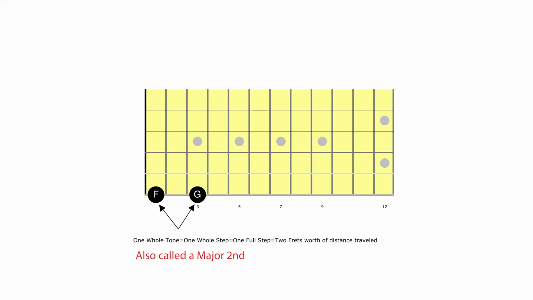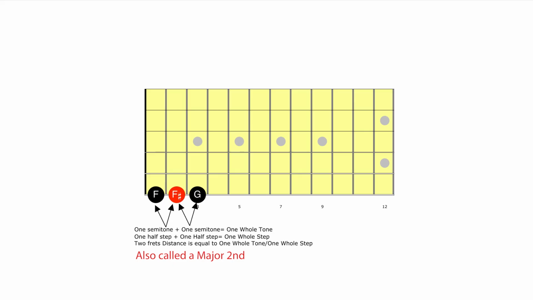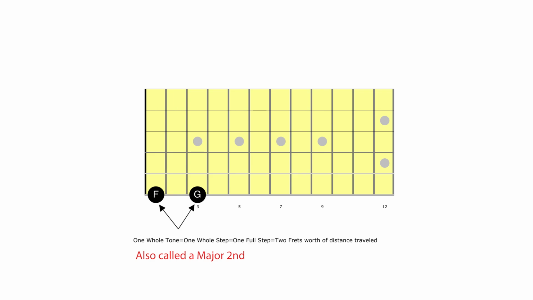So now a whole step or a whole tone would be the distance of two frets. So from the first fret, F, to the third fret, to your G note, that is a whole tone, right? Or a whole step.